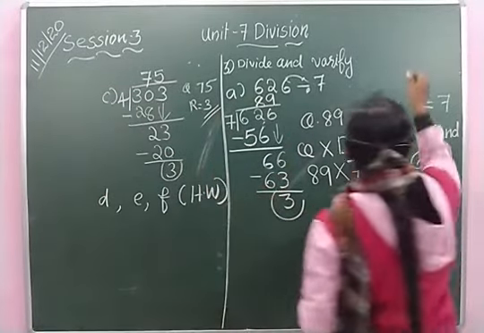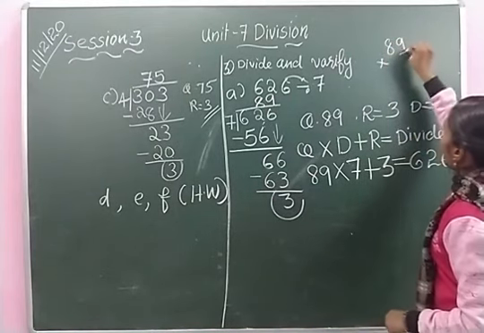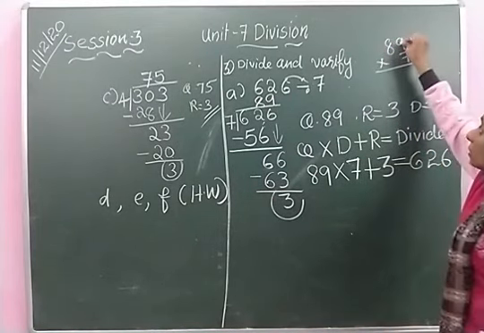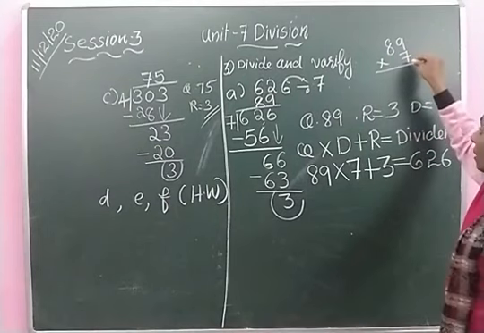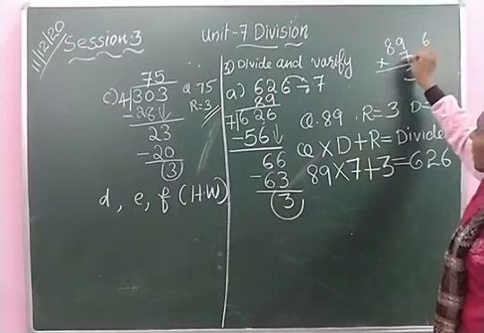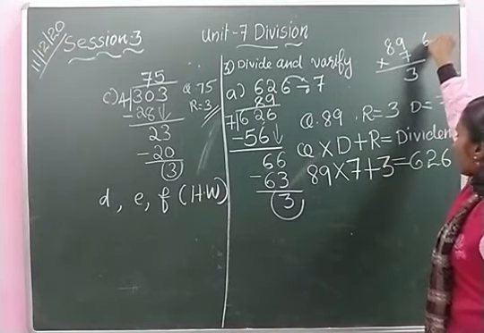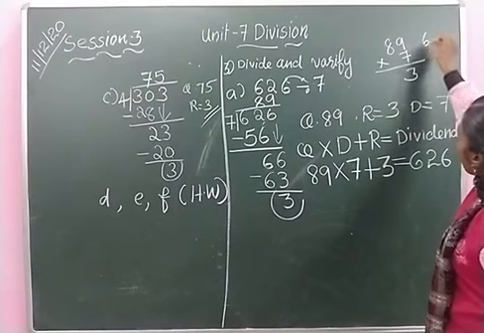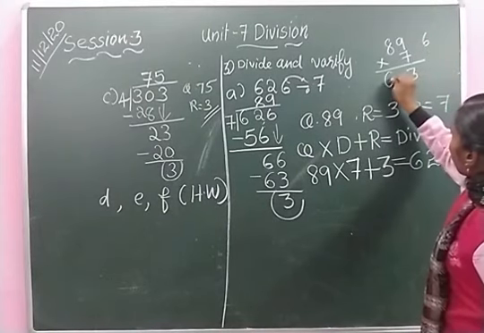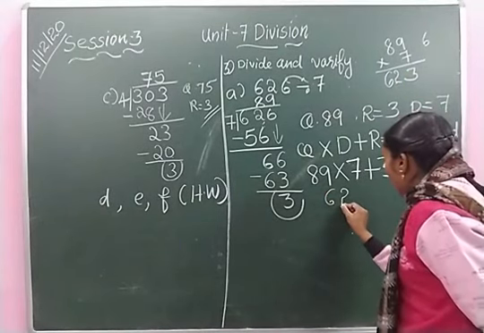89 multiplied by 7. 9 sevens are 63, 6 is carry over. 8 sevens are 56, 56 plus 6 is 62. We have got 623.